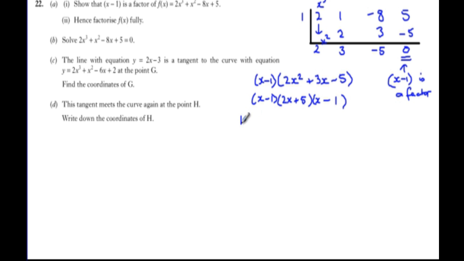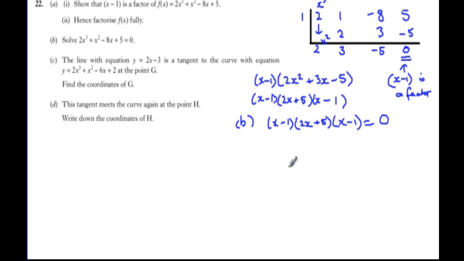For part B, we're asked to solve the polynomial equation 2x cubed plus x squared minus 8x plus 5 equals 0. Now we've already factorised this. x minus 1 times 2x plus 5 times x minus 1. Notice that we've got a repeated factor.